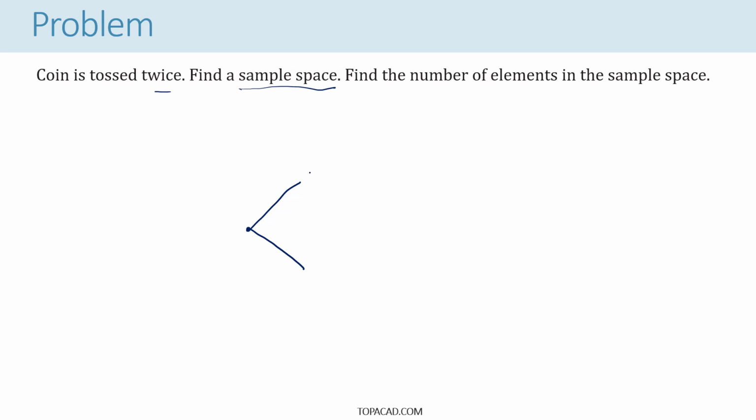When we toss a coin, we either get a head or a tail. That's the first toss. So we toss the coin again. Suppose we get a head, we get either head or tail in the second toss. In the first toss, if we get a tail and we toss the coin again, we can either get a head or a tail.